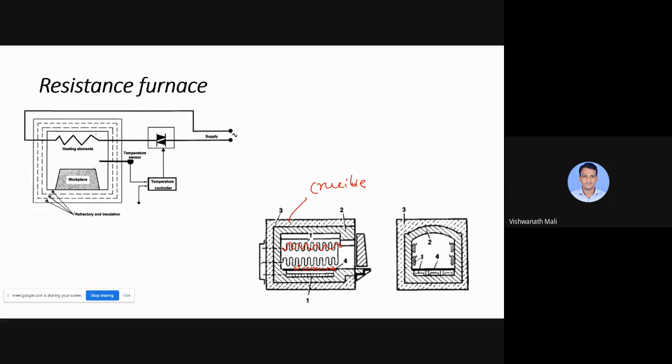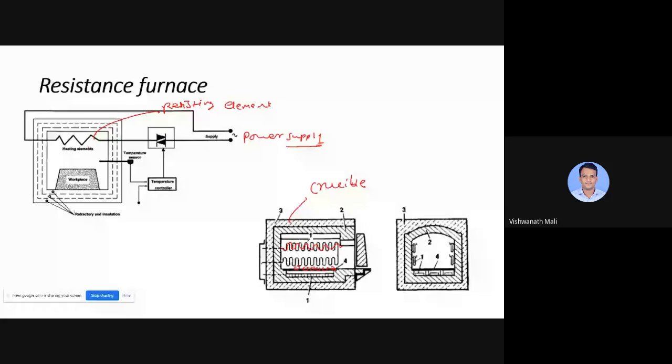Now what happens? We supply the electricity, the power supply, to these wires, and this is called the resisting element. As we are supplying high electric current to this resisting element, it will generate the heat, as it is resisting our current.